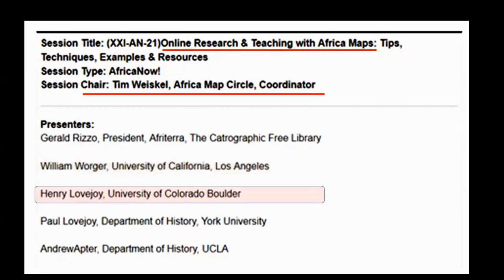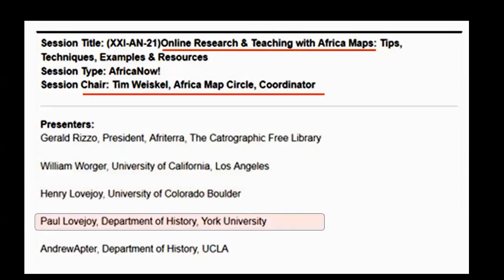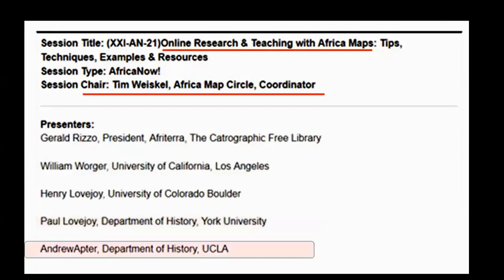Henry Lovejoy from the University of Colorado Boulder is going to be talking as well as his father, Paul Lovejoy, from the Department of History at York University in Canada. Finally, Andrew Apter, the acting head of the African Studies Center and a member of the Department of History at UCLA, will be speaking as well.